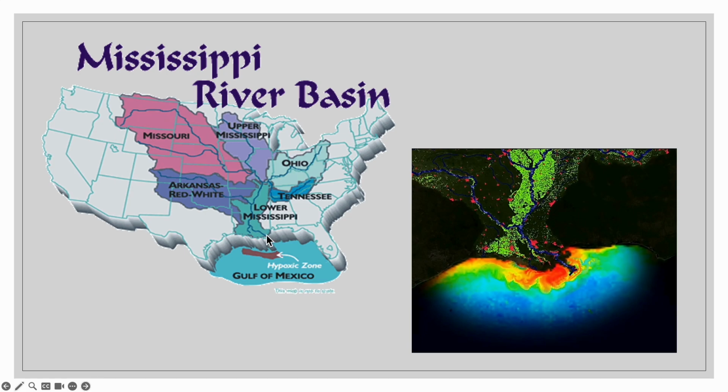I grew up there. At Mississippi State, this is known as the Mississippi Delta, and this is a very large agricultural productive region. However, most of this is also agricultural productive. We're growing a lot of corn in Minnesota and Iowa, Illinois, Wisconsin.